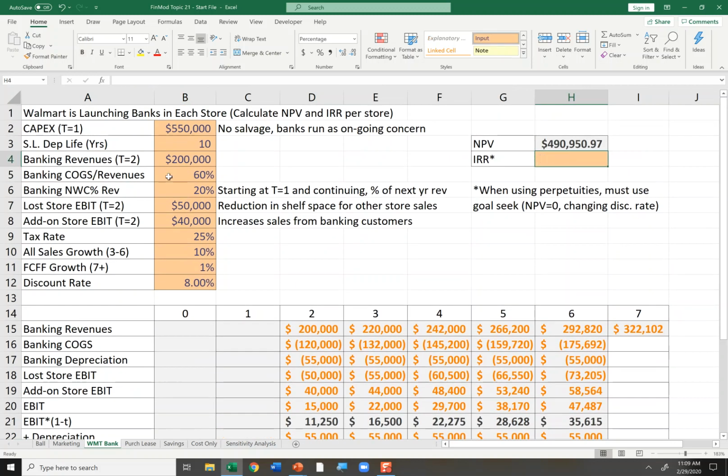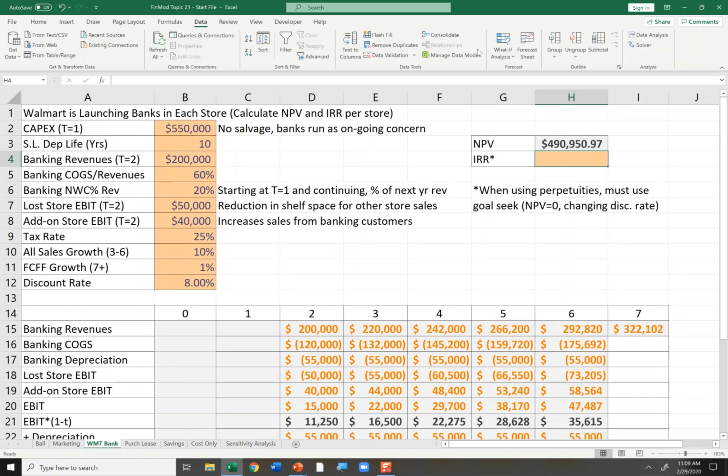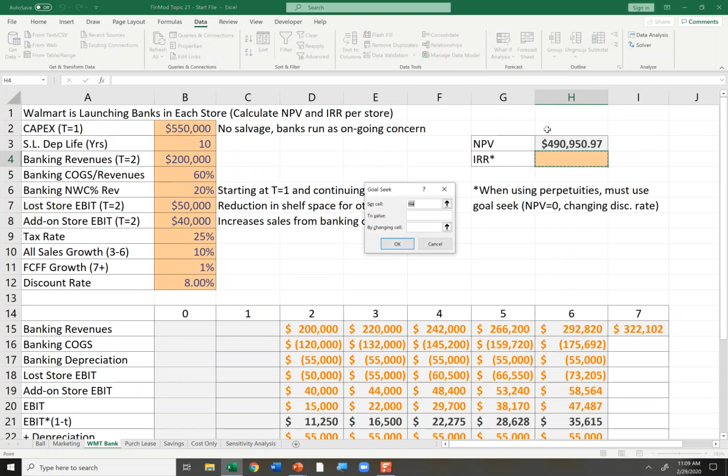Let's get rid of this. Let's do data, what if, goal seek. Let's set the NPV to a value of 0 by changing that discount rate. Turns out to be 13.95%.